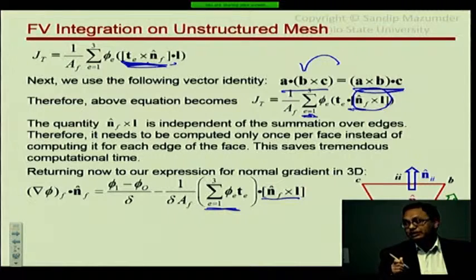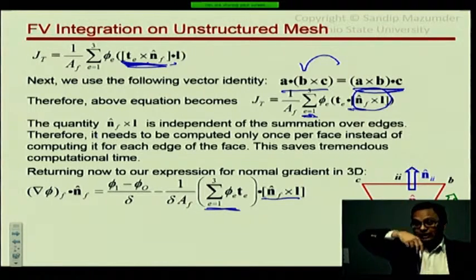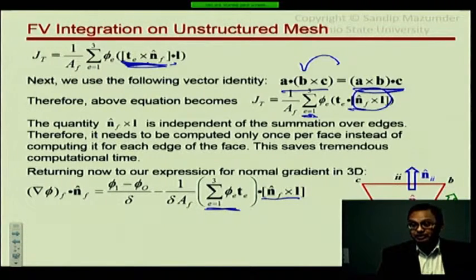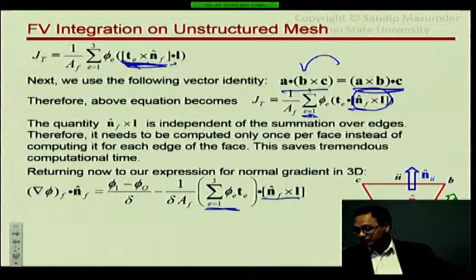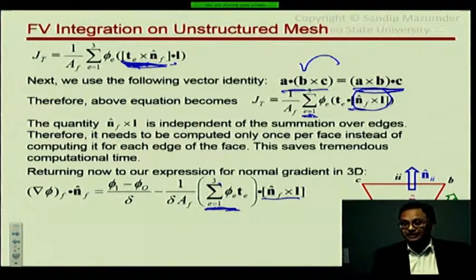Cross product calculations are pretty expensive, because it's really calculating a 3x3 determinant every time. By using this relationship, we have converted it to a form where we don't have to do it for all three edges, or however many edges that face has. We're just doing it once.